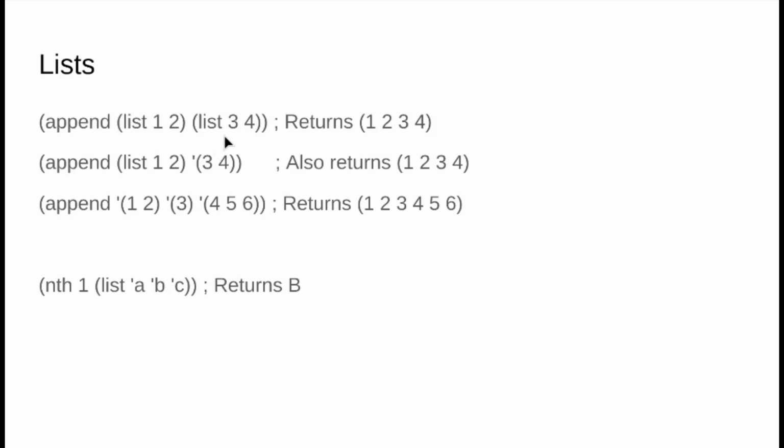So here we're appending the 3 and 4 to the 1 and 2 and returning 1, 2, 3, 4. We can do the same thing in different combinations, basically what all this is showing. And to access any element in a list, you can use this nth keyword. This will return the nth element of the list, and you'll notice here it's a 0-based numbering system like most people would be used to.